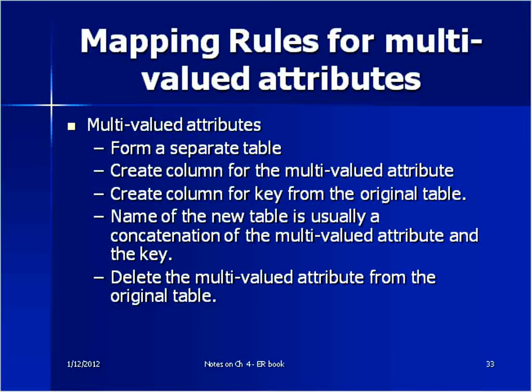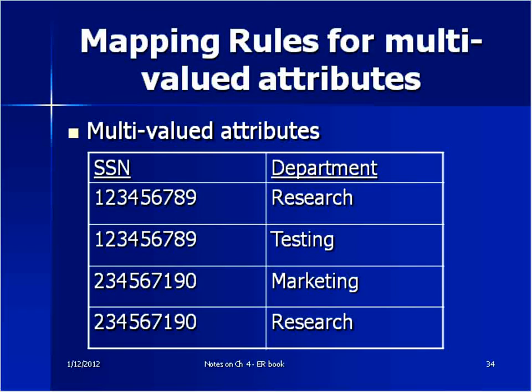Okay, then multi-valued attributes. How do you map multi-valued attributes? You form a separate table for the multi-valued attribute, create a column for the multi-valued attribute, and take the primary key from the original table and include it in the new table with the multi-valued attribute.